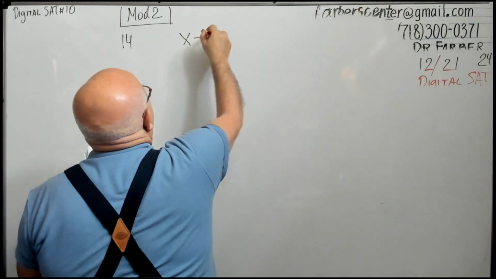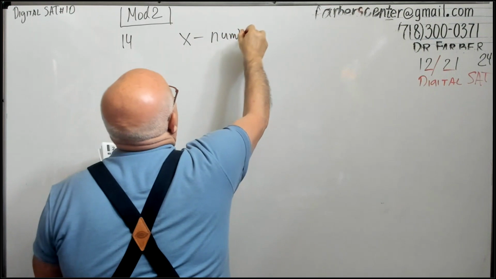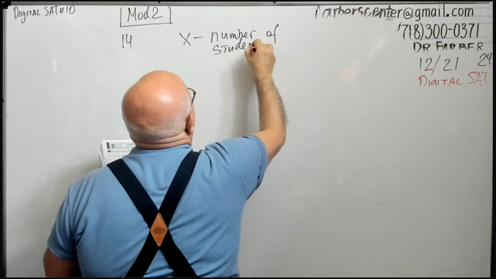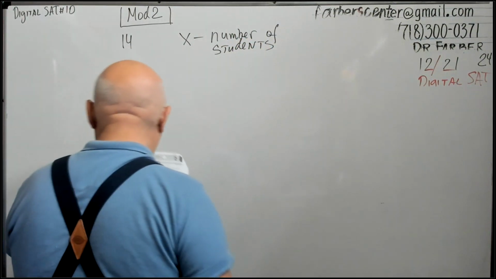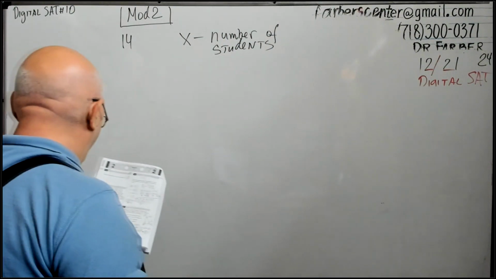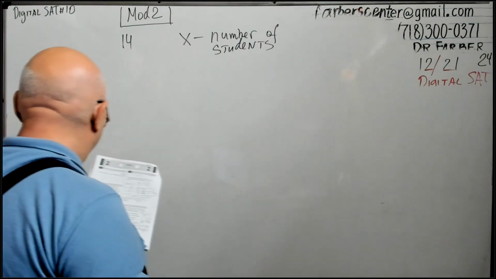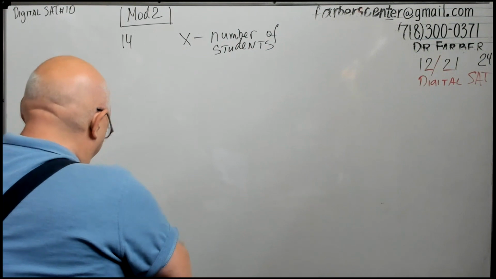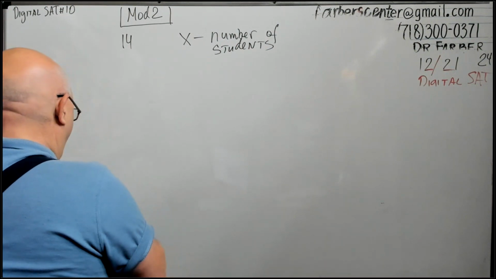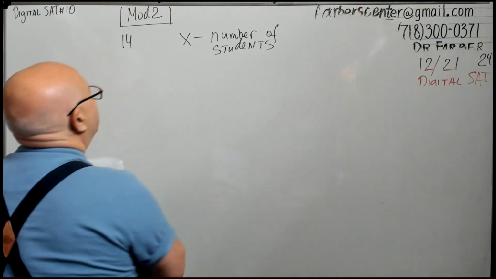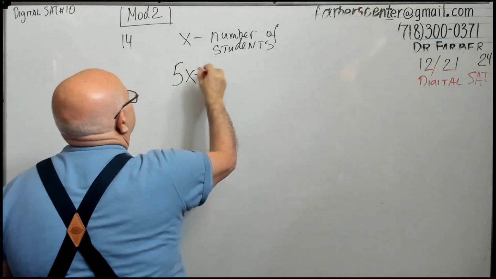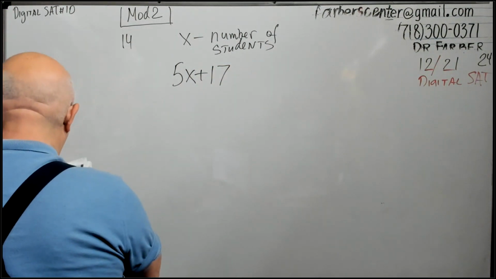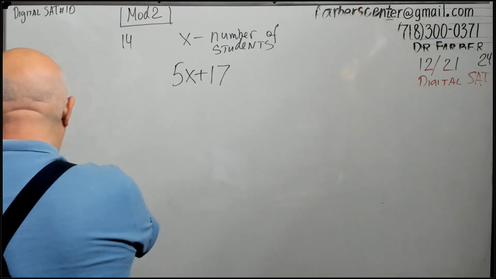Let's say x is the number of students. When the teacher tried to distribute 5 books to each student, there were 17 books left over. So everybody got 5 books. We have 5x so far. The number of books is 5x + 17. Okay, that's the first case.